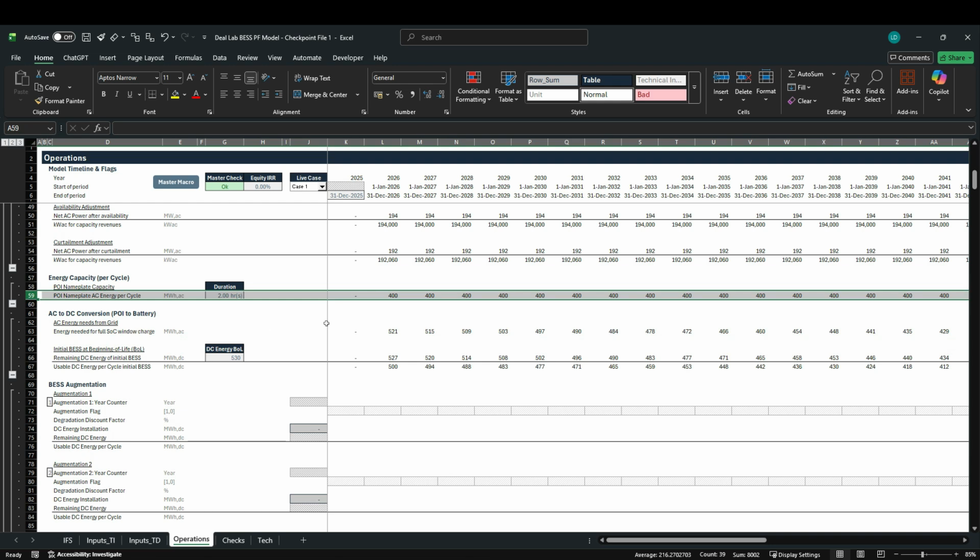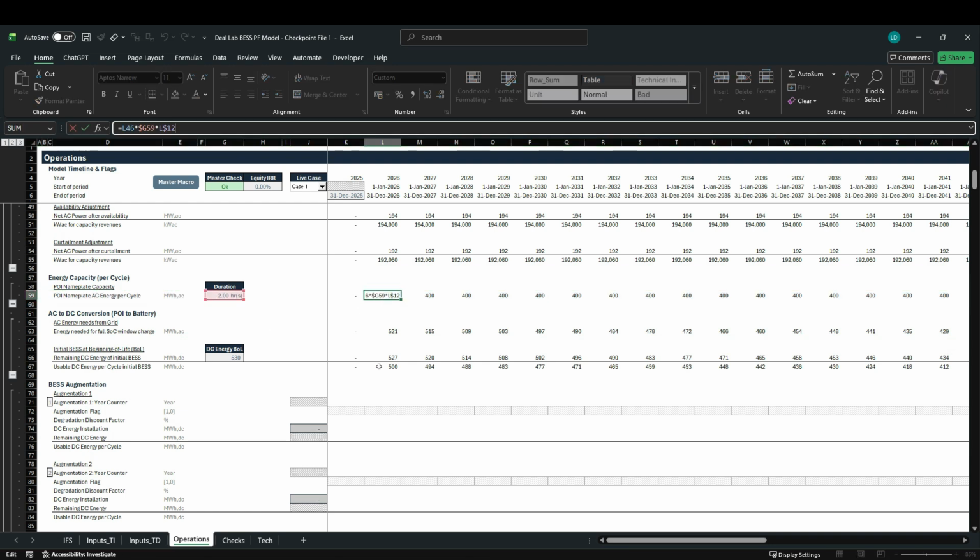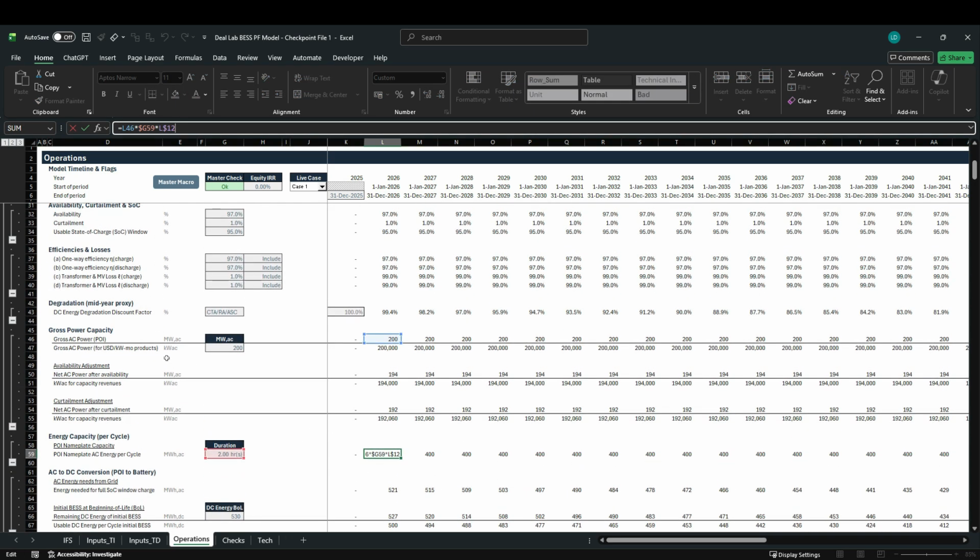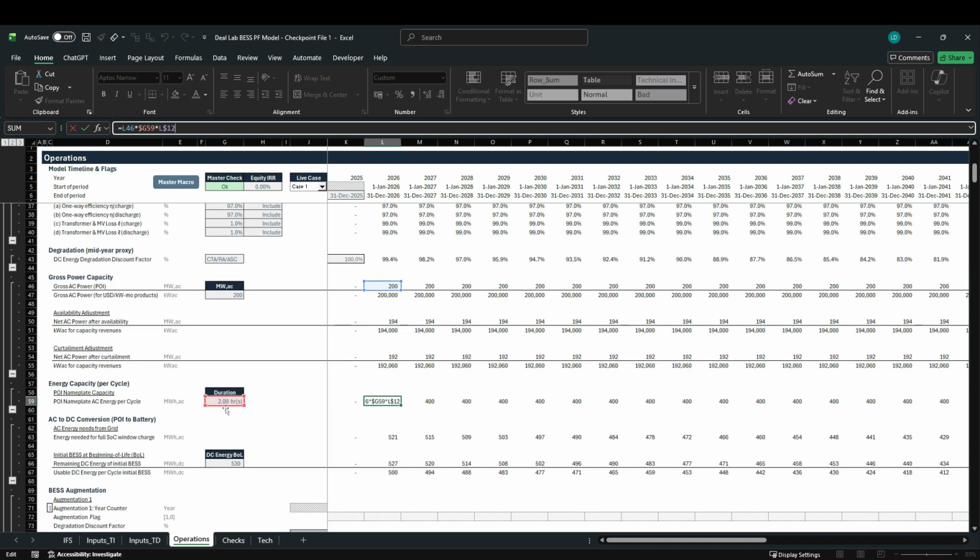And row 59 essentially reflects our contractual obligations, where we have to deliver 200 megawatt AC gross power at the point of interconnection for a duration of 2 hours when we select case 1.